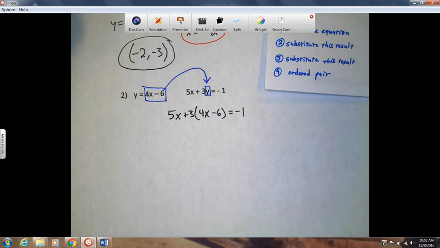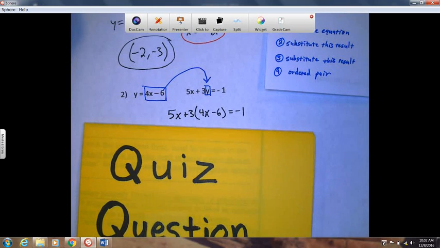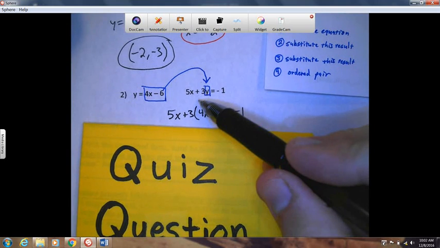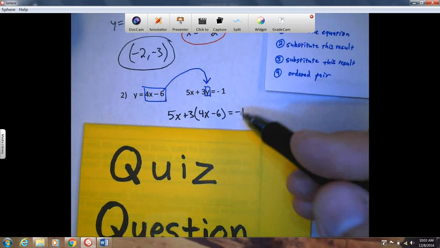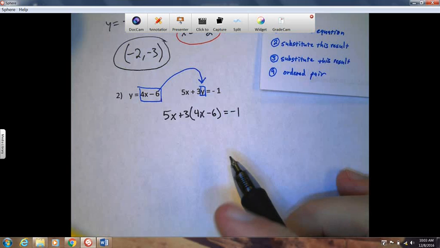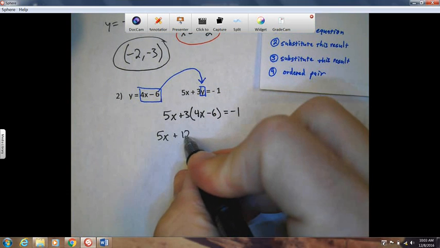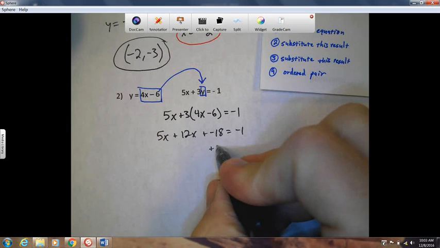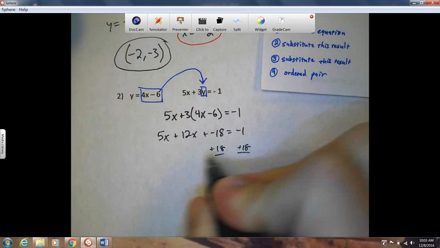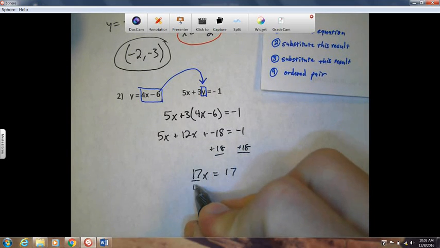So make sure you look at that. The 3 stays. I put it in parentheses because now I must do distributive property. So I'm going to add 18 and combine those. So 17x is equal to 17. So x is 1.